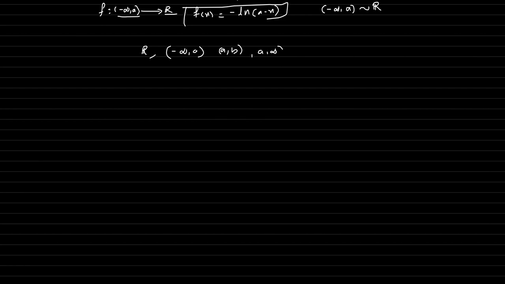These are the only open intervals in R. And we proved that any open interval a to b is homeomorphic to R at first, and then we proved that a to infinity is homeomorphic to R, and now we have minus infinity to a is homeomorphic to R, which means any open interval in R is homeomorphic to R. Okay.